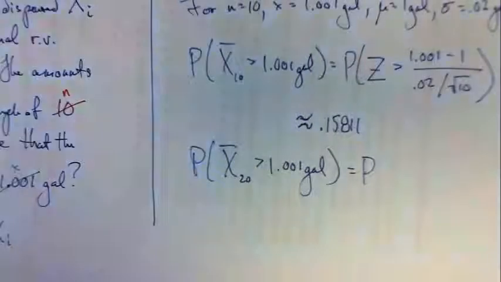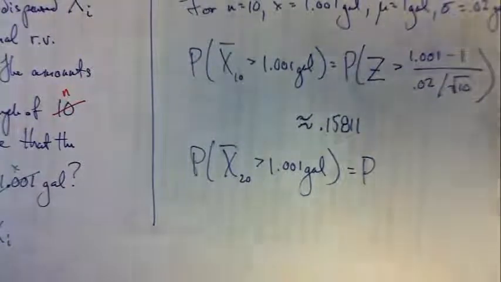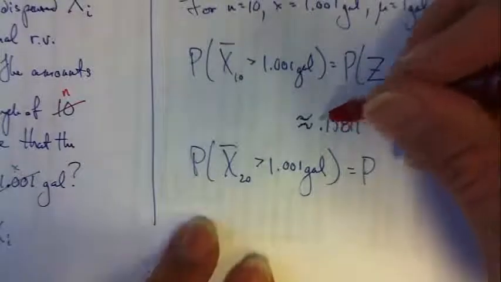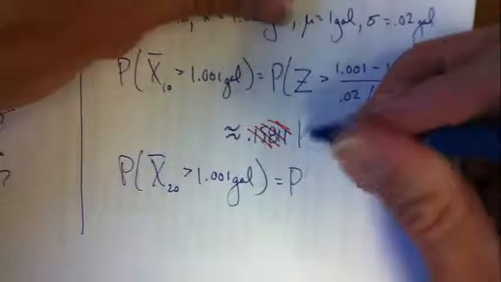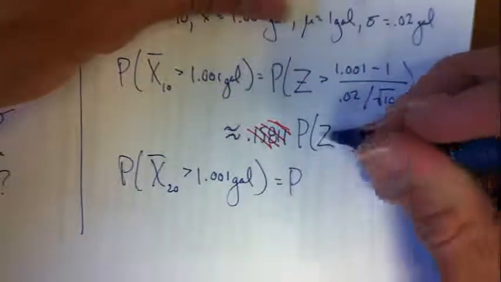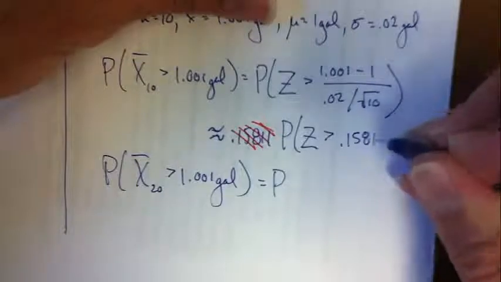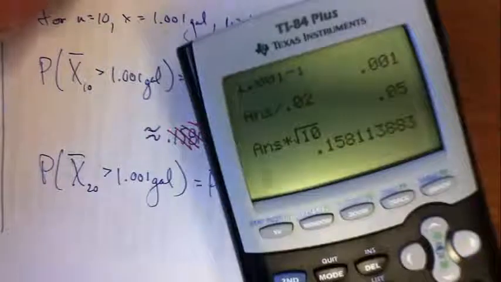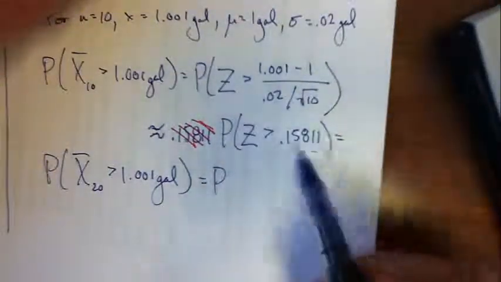Oops, I made a big mistake. This is good because this is a mistake that a lot of people make. By people, I mean students. This is the probability that a standard normal exceeds 0.15811. Golly, don't tell anybody I did that. I just computed that and put it there.